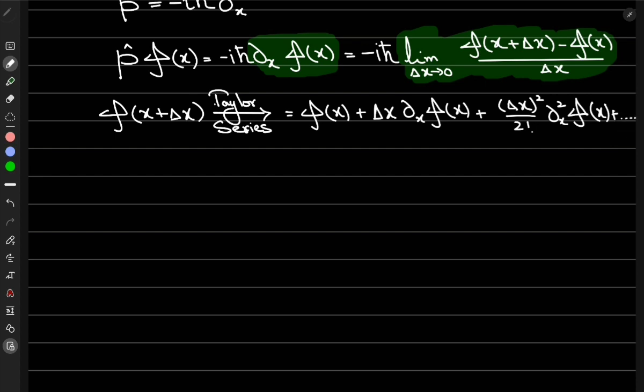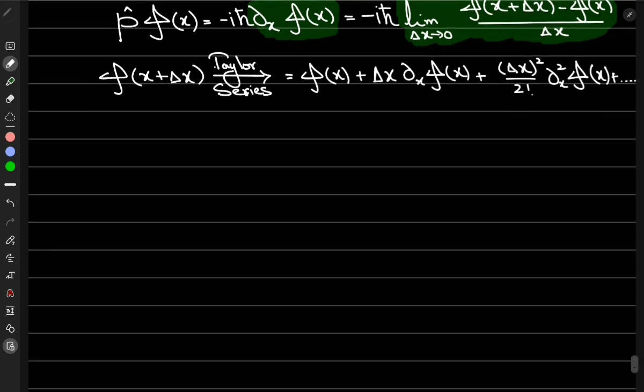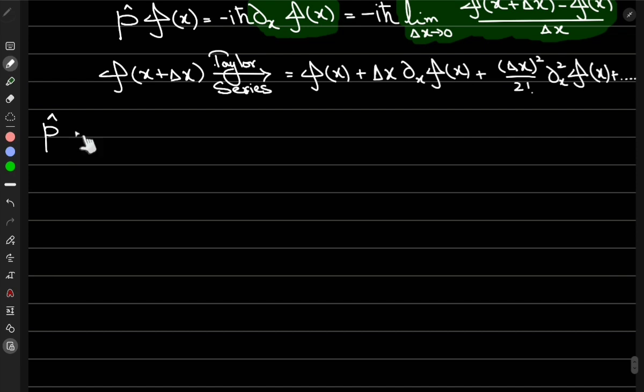So this is a Taylor series expansion, so the series continues. Now let's take this thing and substitute it in this equation. What we get is p on psi of x is equal to minus iota h bar times the limit as delta x goes to 0.